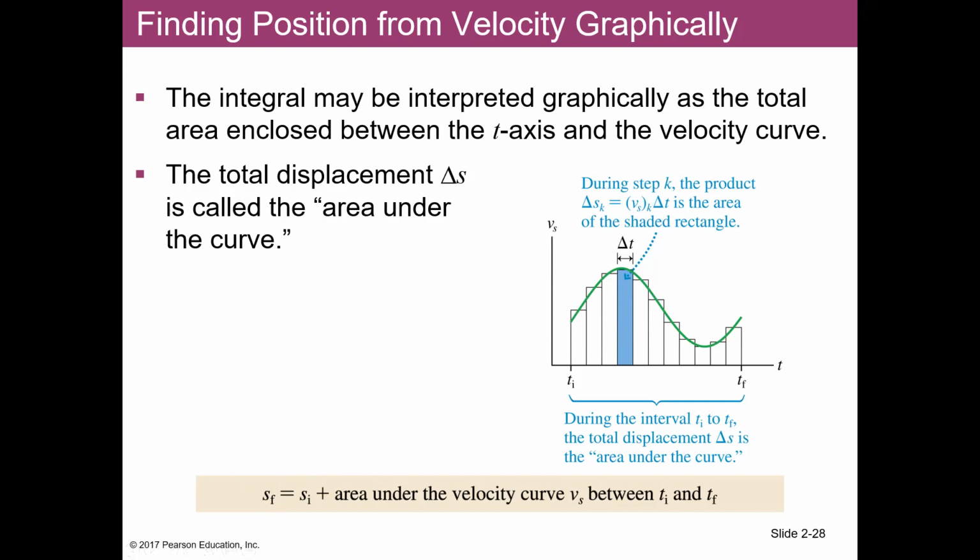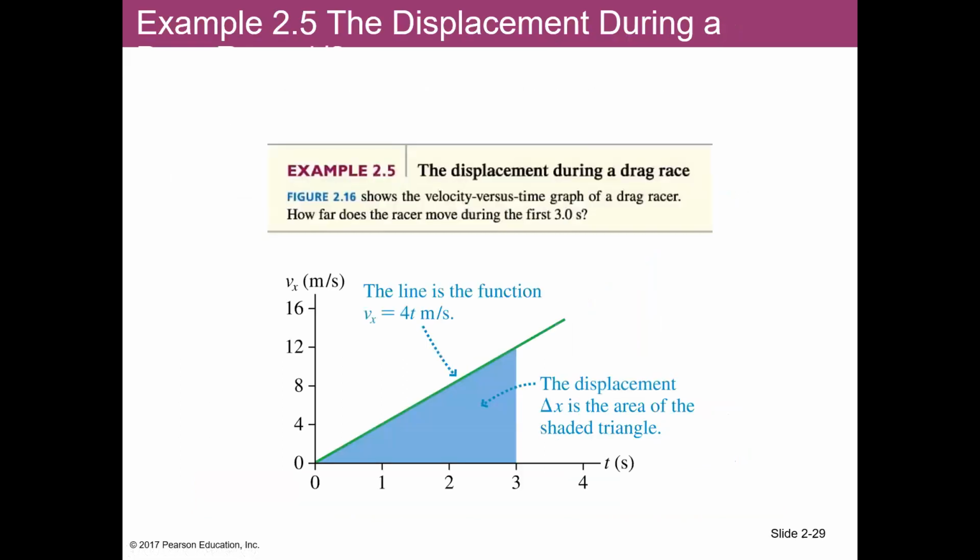Instead of s_f equals s_i plus v_s delta t, which in general is only true for uniform motion, the final position is always the initial position plus the area under the velocity versus time graph between the initial and final times. You have to be very careful about how much area you're taking so you get the displacement right.